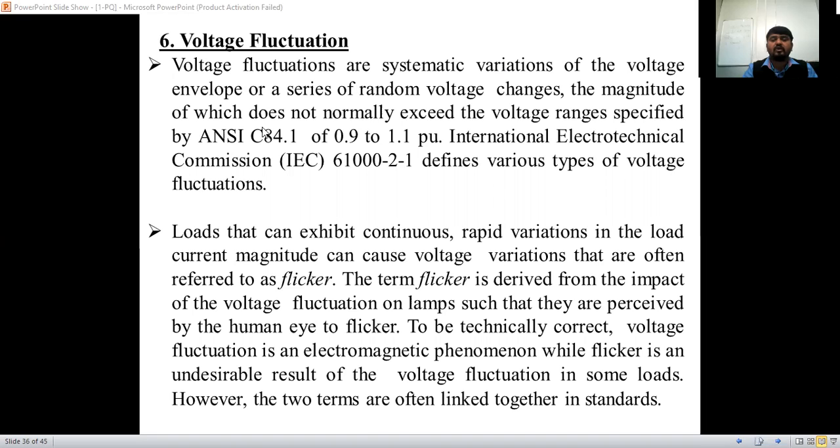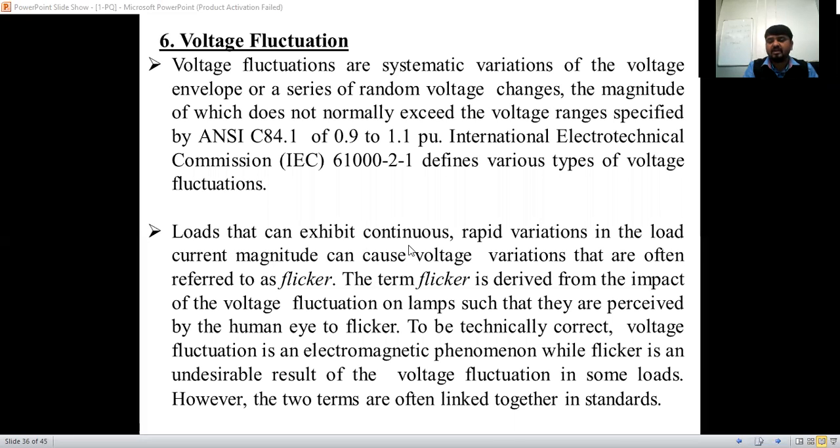According to that, the magnitude of the voltage does not normally exceed the voltage ranges specified by ANSI, that is 0.9 to 1.1. If there is rapid variation, suddenly increasing, decreasing, increasing, decreasing in the magnitude of current or voltage, we are going to call that a flicker.